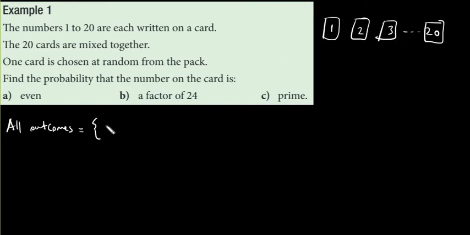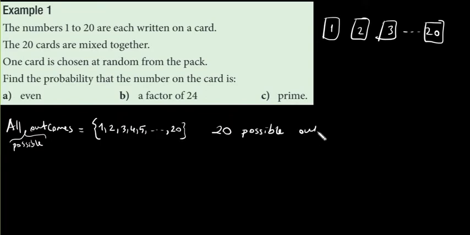So all outcomes is going to be the numbers from 1 to 20: 1, 2, 3, 4, 5. This is called all possible outcomes, okay? I can get one of these numbers, right? So what is the number of all possible outcomes? 20, yes. 20 possible outcomes.